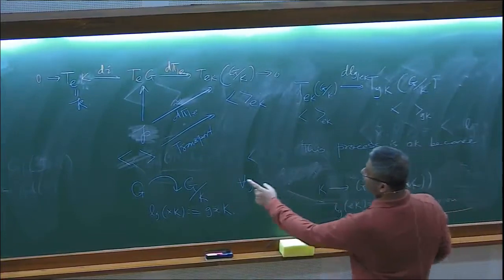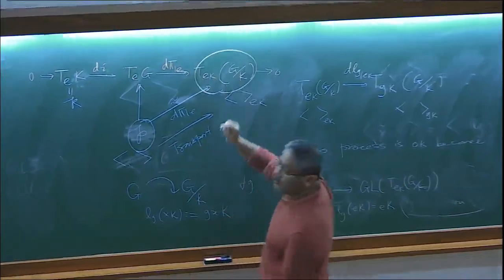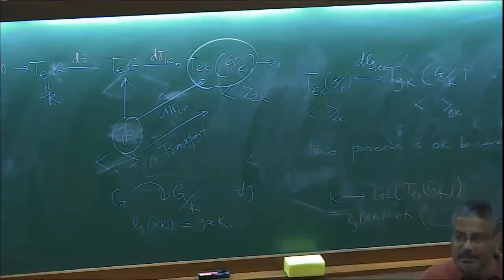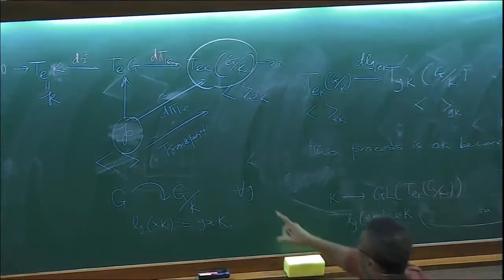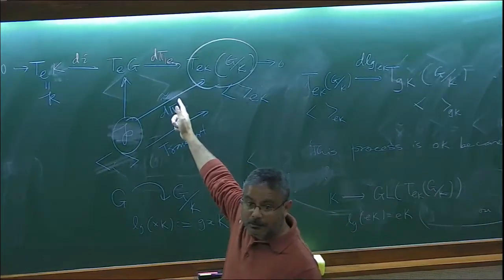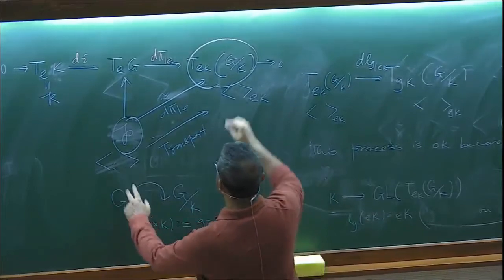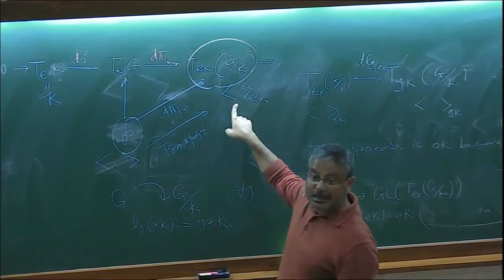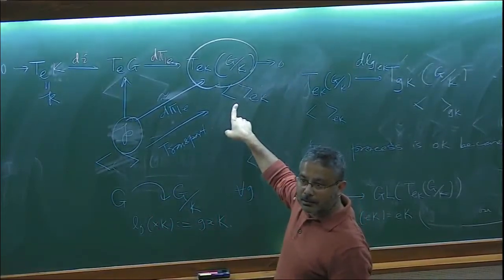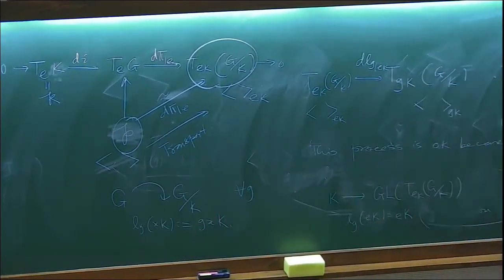K acts on this by Ad, and K acts on that by simply taking the derivative of L_k, and this map d pi is K-equivariant. That's very easy to check. So I have an inner product which is Ad K invariant, so I obtain an inner product which is L_k invariant. Once I have that, I transport this to other points, and there is no confusion.